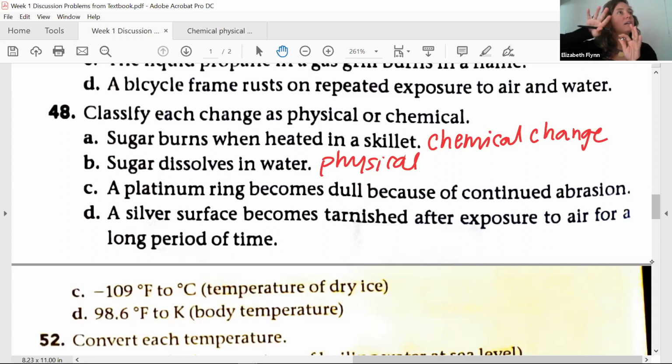Is it just like coming off into smaller pieces? So is it chemical or physical? Right. To rub, to make a ring dull on sandpaper or over time is just a physical change because it's still platinum when it rubs off, right? It doesn't change composition.